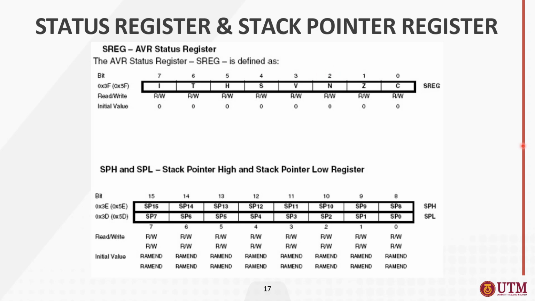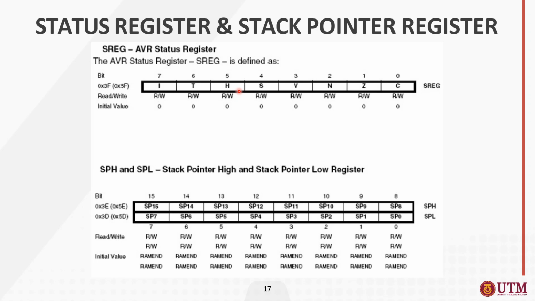These flags are updated based on the result of arithmetic, logic, or bit manipulation instructions. The status register is used to influence decision making in the program, such as branch conditions and interrupt handling. So if you have activated your interrupt, the interrupt flag will be activated and so on.